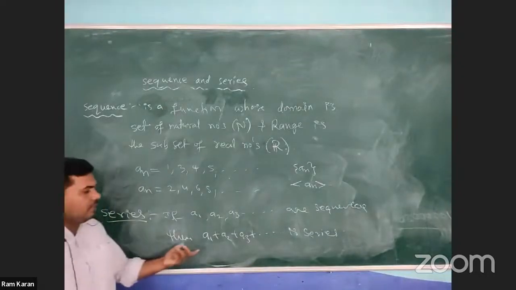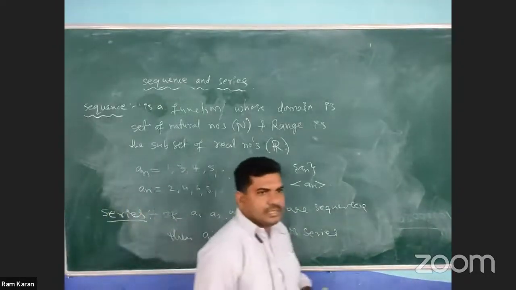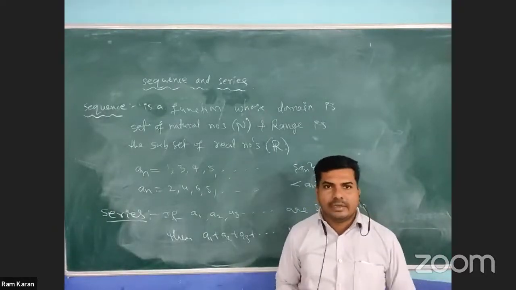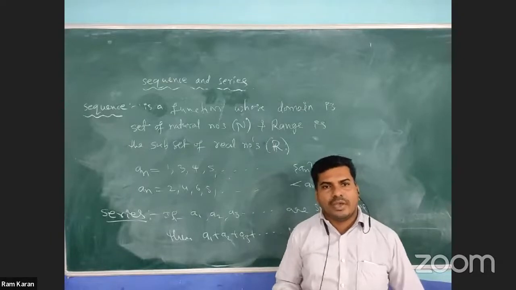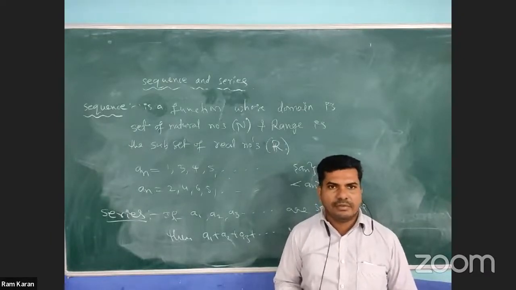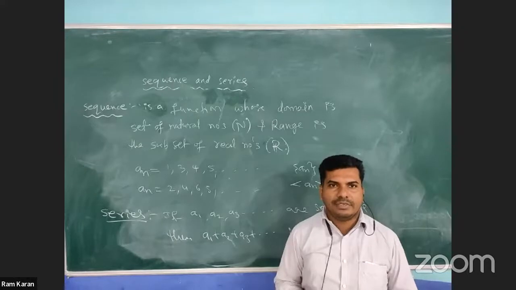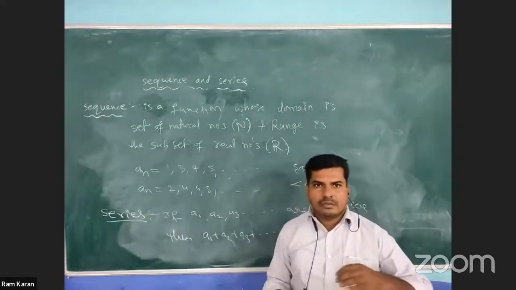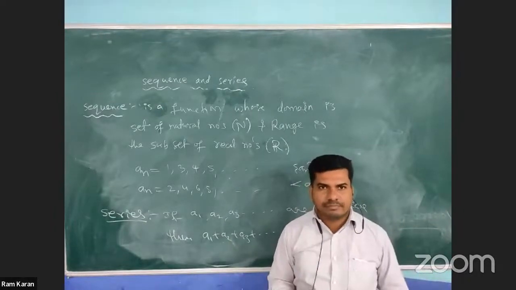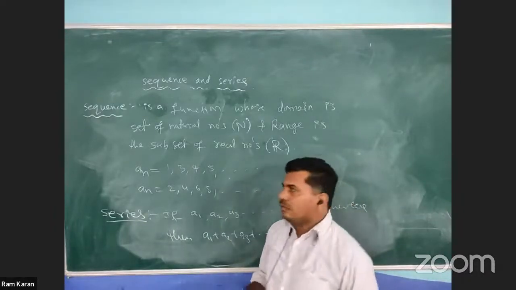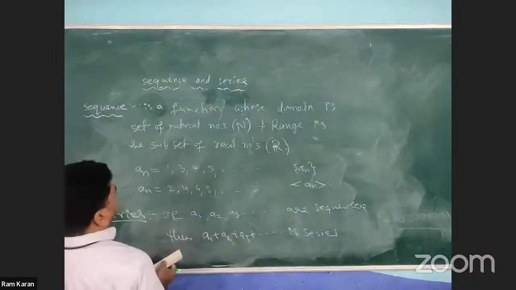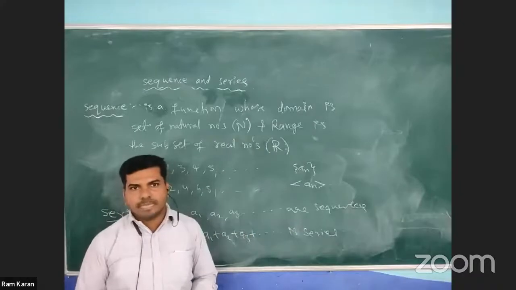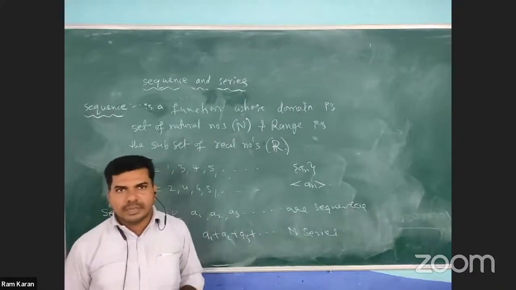Generally, you denote the sum of all terms of a sequence as a series. If the sequence has finite terms, the series is finite. If the sequence has infinite terms, the series is infinite. Simply that definition. And a sequence is a function defined with an nth term. I'll discuss 2, 3 examples. I'll give the nth term, you may write a sequence, and you can write the series. Okay?